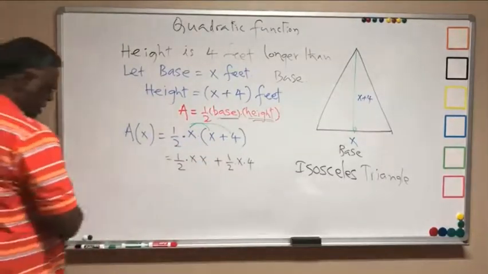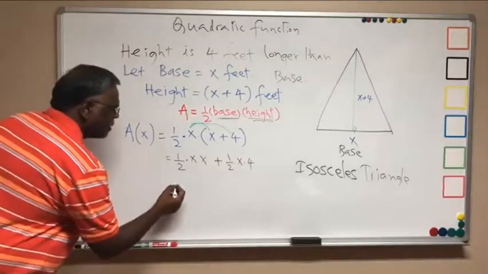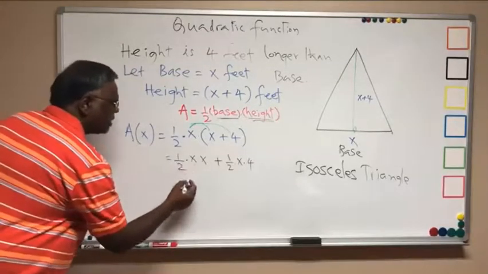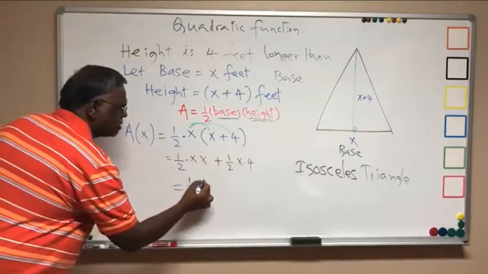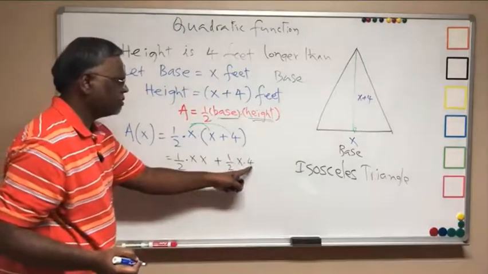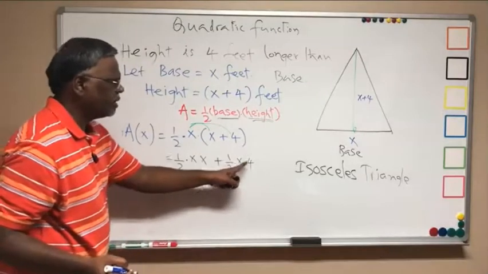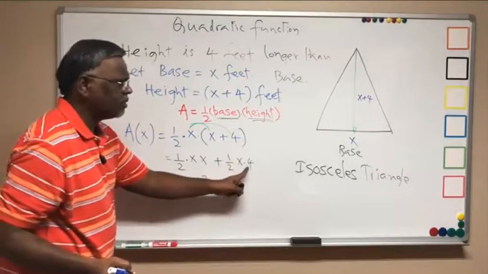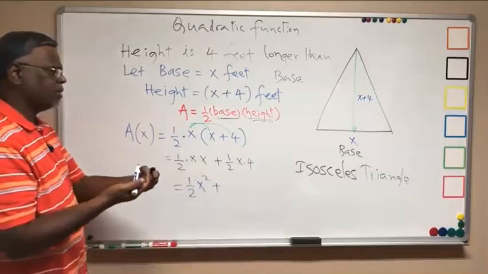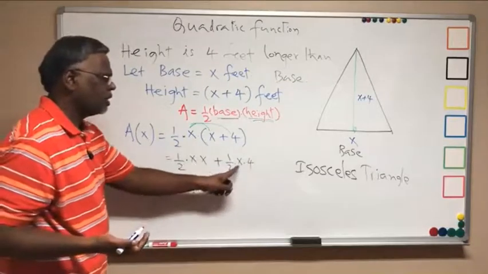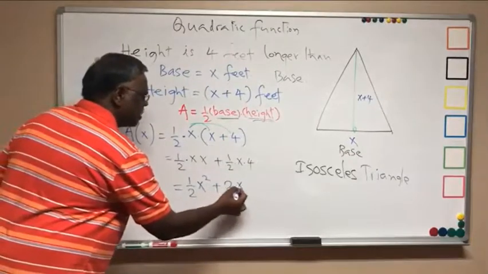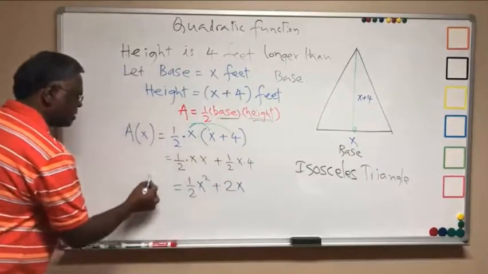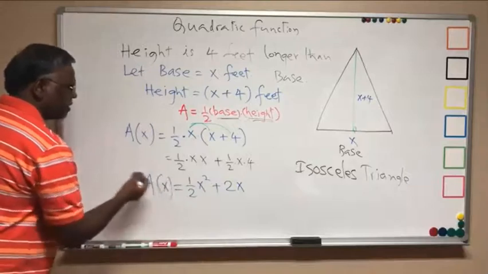Then simplify. This gives me half x times x, half x squared, plus half x times 4. Half of 4 is 2, so you get 2x. And this is A of x.